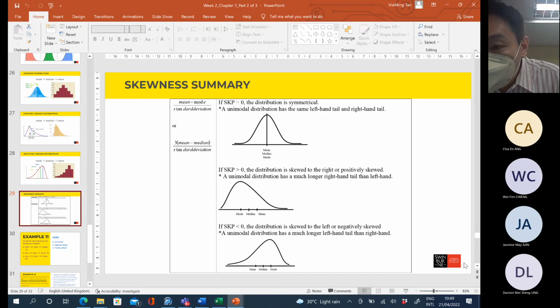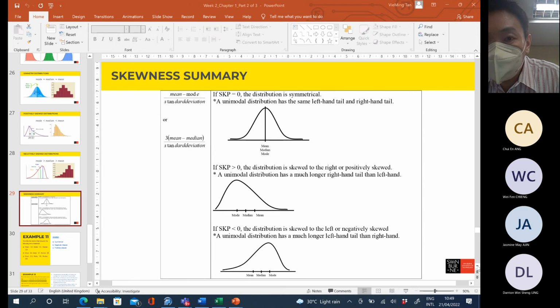Okay, I use this one, all right? There are two ways to identify the skewness of the data distribution. You can either use the formula, or you can use the polygon or histogram, the diagram, to help you identify.